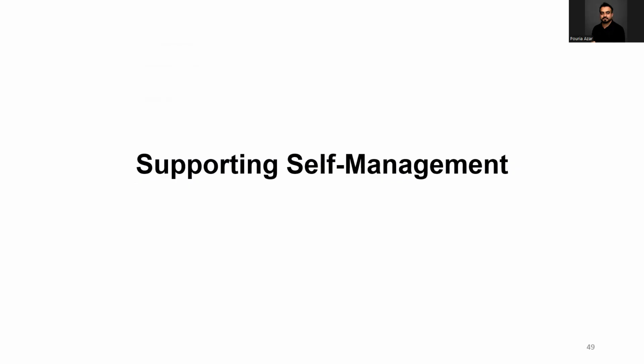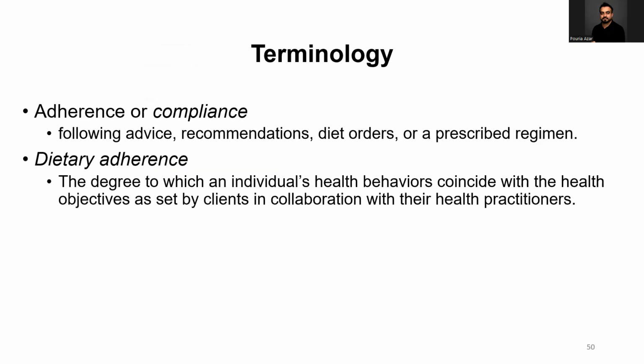So the next part is about supporting self-management. We have two terminologies here: adherence or compliance, and dietary adherence. Adherence or compliance is following advice, recommendations, diet orders, or a prescribed regimen.